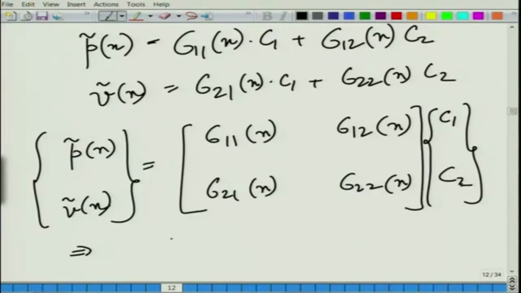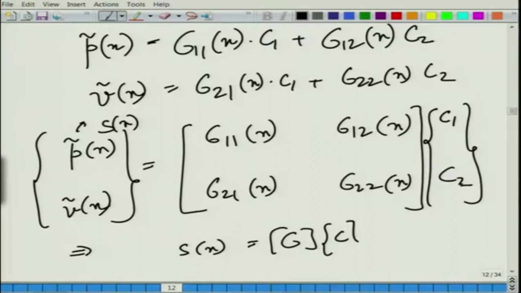So, this actually can be written in a compact form. Let us call this thing a state vector S of x. So, S of x is equal to G of x times the vector C. So, what will this mean?